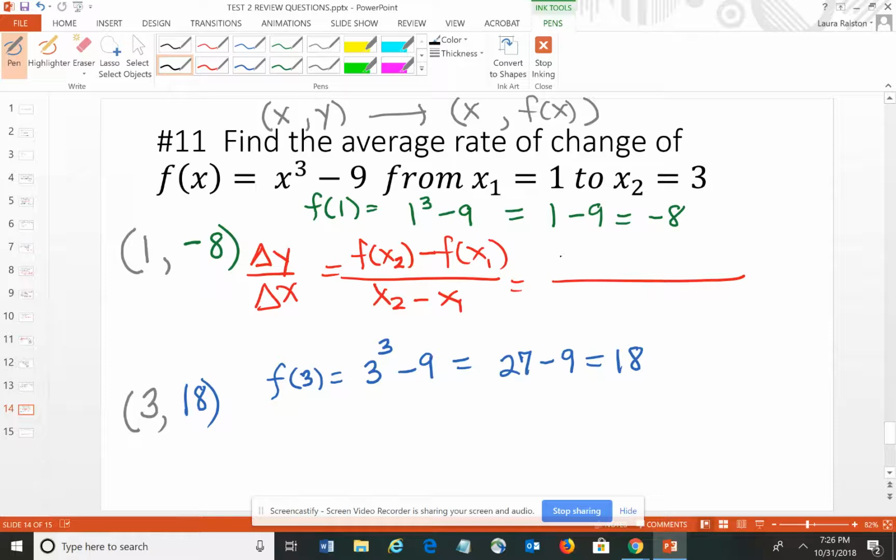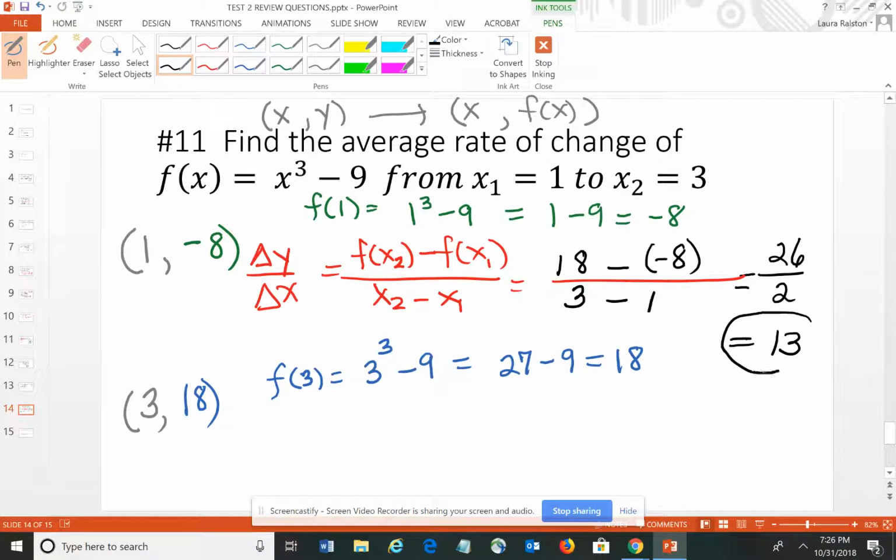So I would have 18 minus negative 8 over 3 minus 1, which gives me 26 over 2, or simplifies to 13. So my average rate of change would be 13.